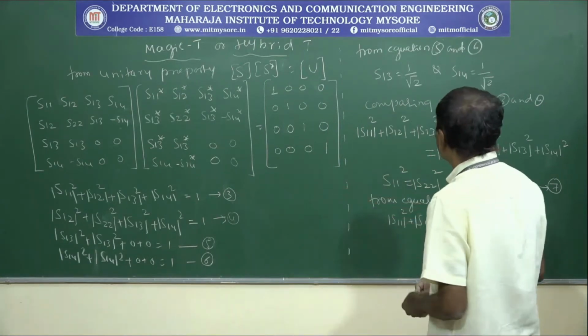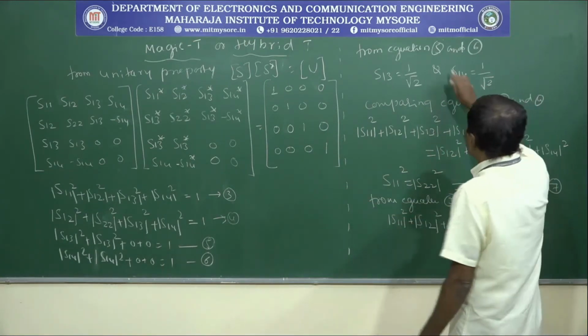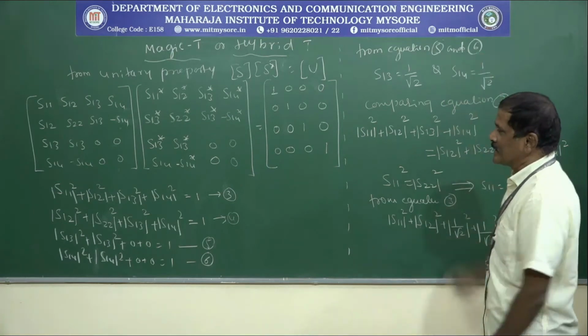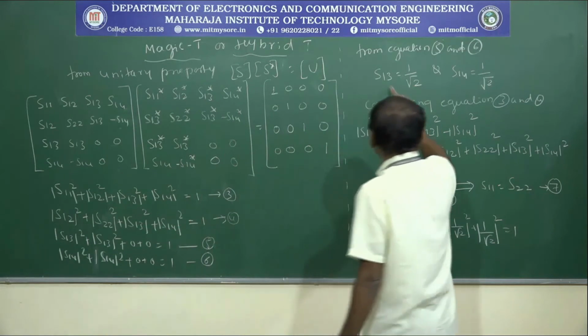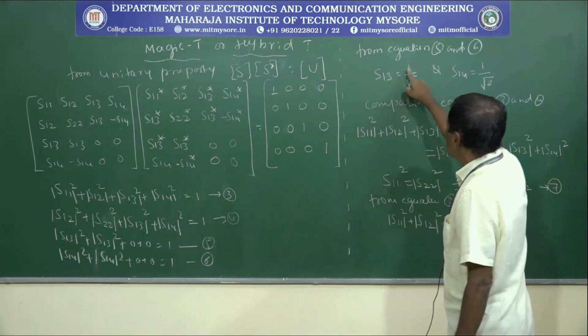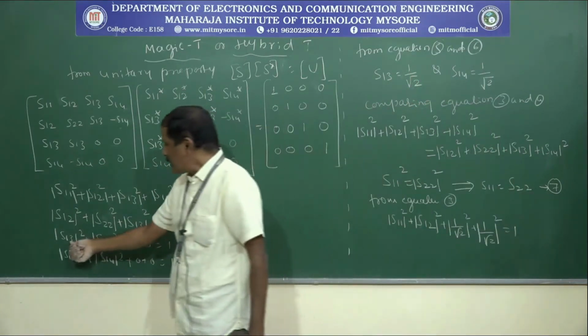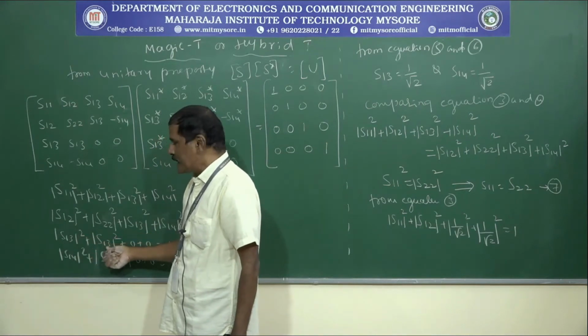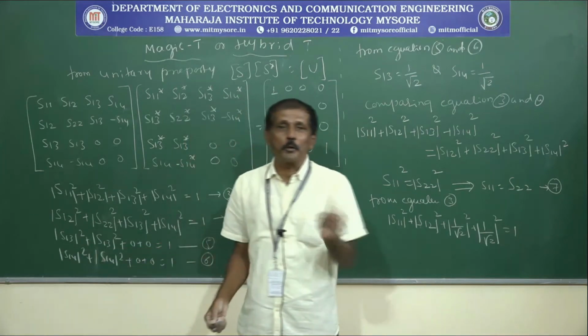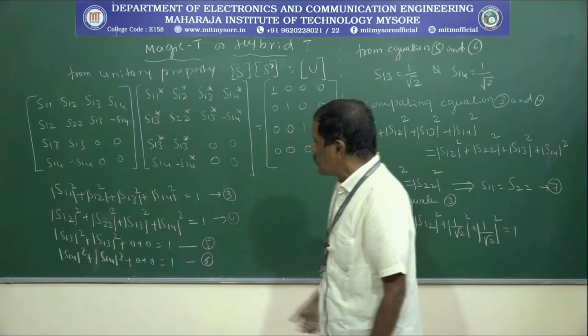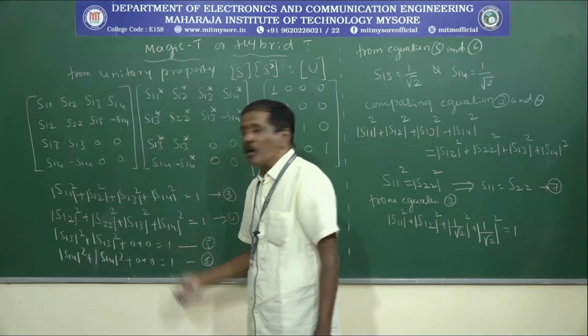Once you get these equations, from equations 5 and 6 I can write S13 is equal to 1 by root 2, because S13 square is there and S13 square is there. So S13 square plus S13 square is 2 times S13 square, and 2 times S13 square is equal to 1.